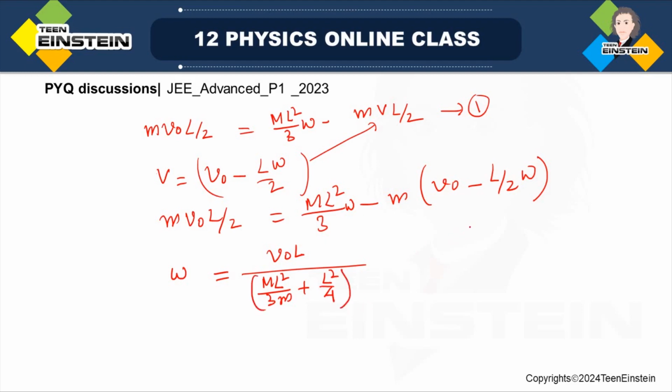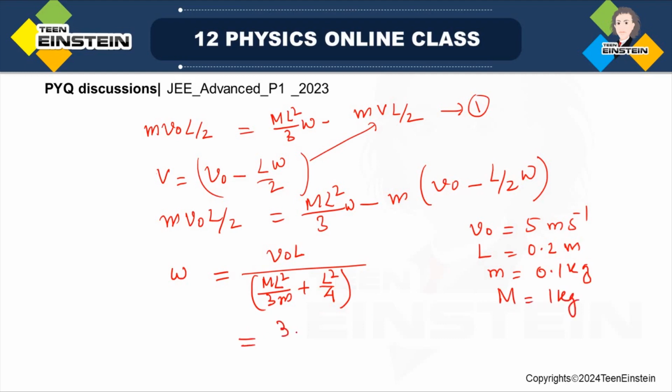Now, we have been given v0 is equal to 5 meter per second, L is equal to 0.2 meter, small m is given as 0.1 kg, and capital M is given as 1 kg. So if you put all this, you get 300 by 43, and this will be obviously rad per second.